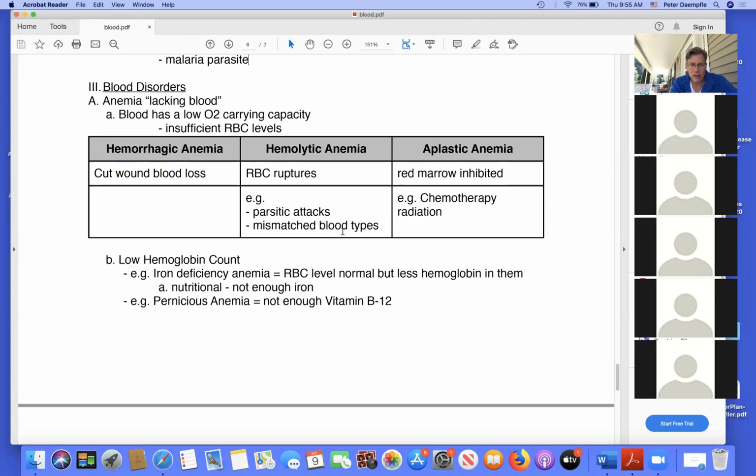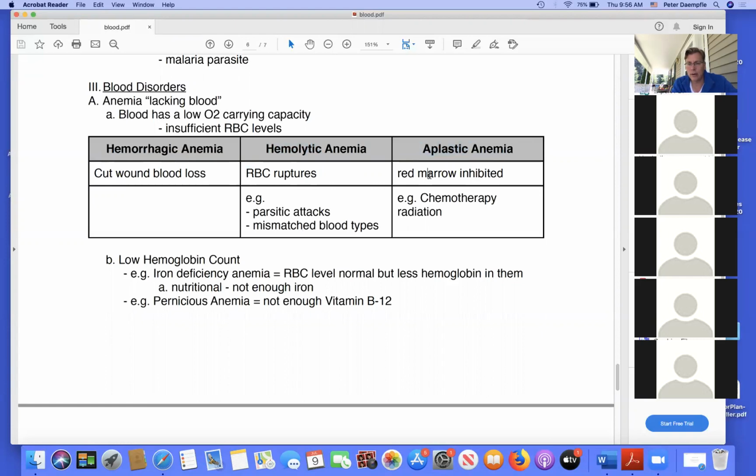Hemorrhagic anemia is obviously a common sense one. If you lose a lot of blood, you're in a car accident, you've hemorrhaged, so blood is lost. So that's hemorrhagic. Hemolytic means either you mismatched your blood, you got the wrong type of blood, or a parasite attacked you like malaria, and the red blood cell literally ruptures. The word hemolytic means to break blood in half.